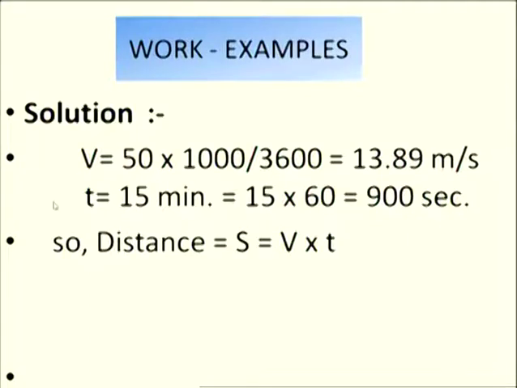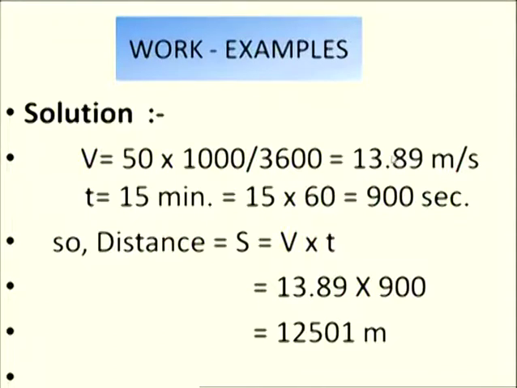Distance travelled by the train is equal to velocity multiplied by time. So we have the velocity equal to 13.89 meter per second, and t is equal to 900 seconds. So total distance travelled by the train is 12,501 meter.